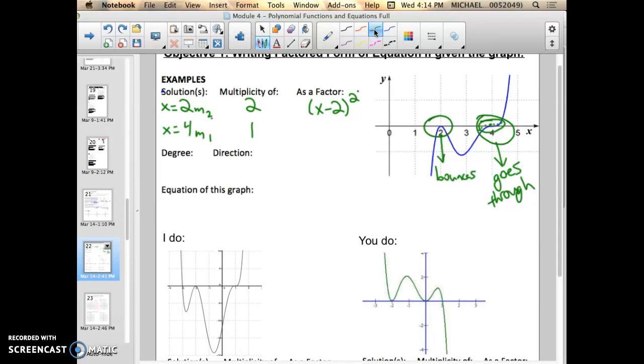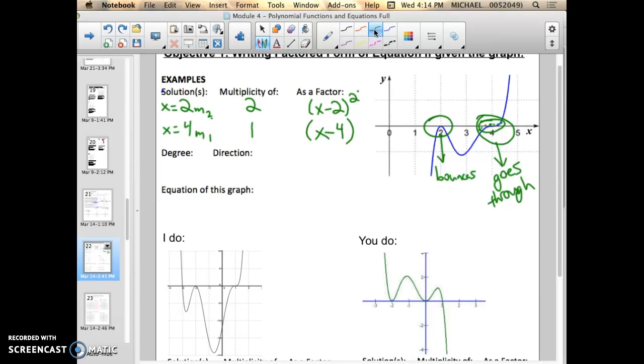And so in factored form, it's x minus 4, and I don't have to raise it to a power because it's the power of 1. So I've done the first 2 steps. I found the solutions, identified the multiplicity, and then wrote them as a factor. Now, the degree, and we've talked about the degree. The degree is how many solutions exist in general.